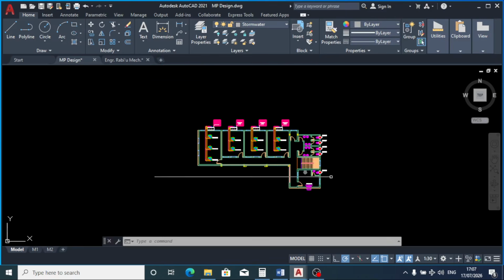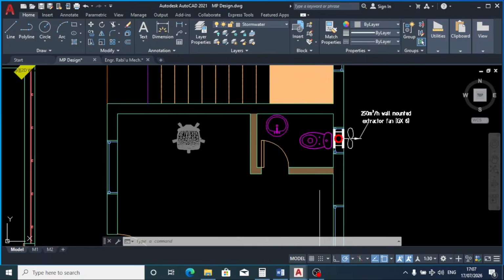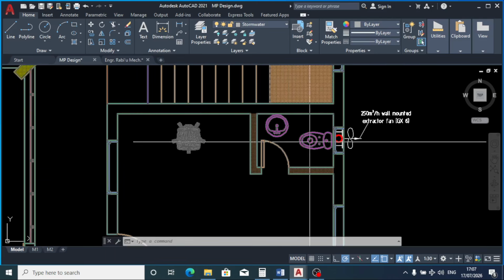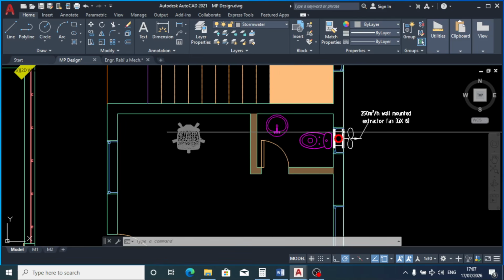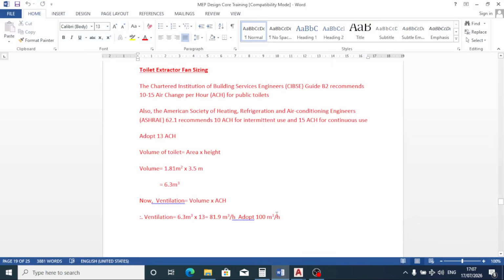So now the next thing is to size our extractor fan in order to evacuate the bad air or polluted air of this toilet. So let's go to our calculation page and do that.